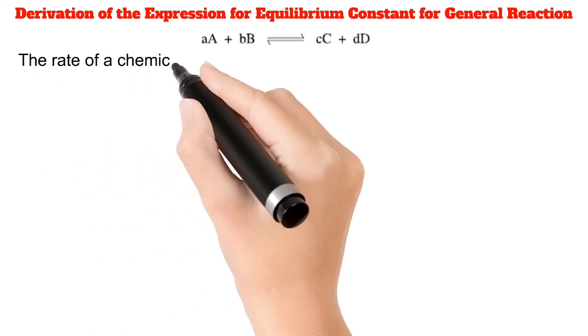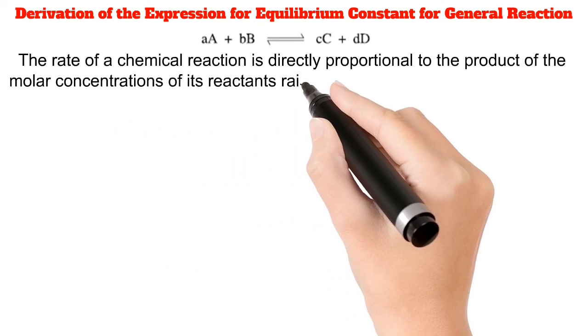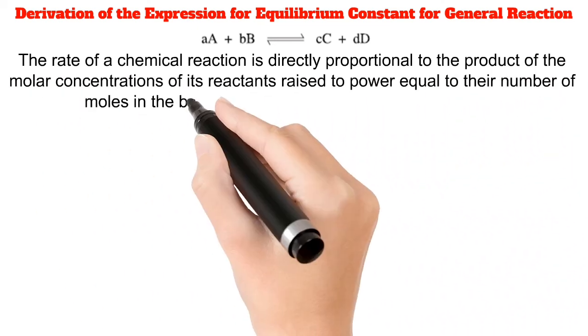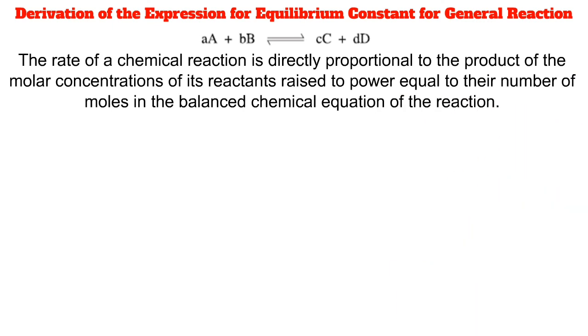So for these types of reactions, the law of mass action states that the rate of a chemical reaction is directly proportional to the product of the molar concentrations of its reactants raised to the power equal to their number of moles in the balanced chemical equation of the reaction. No need to worry again. It is just simply saying that the number of moles will be raised as a power on the molar concentration of reactants and products.